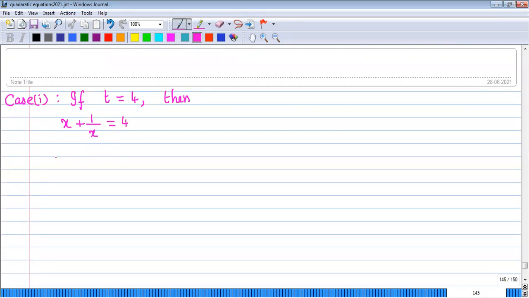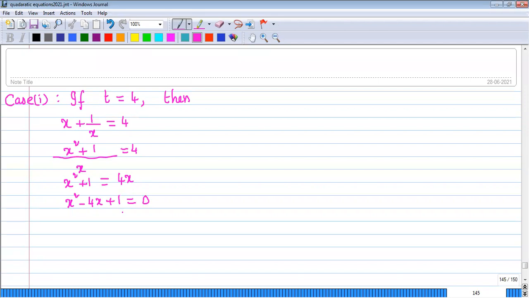Let us solve this one. X LCM, x square plus 1 equals 4x. Transpose 4x to the left hand side. We get x square minus 4x plus 1 equals 0.